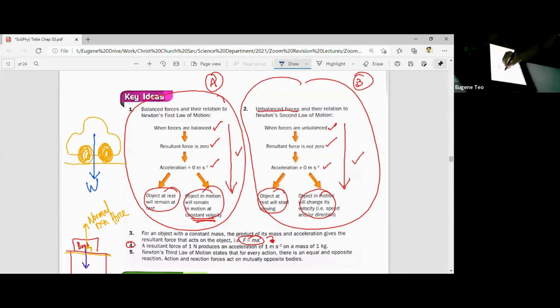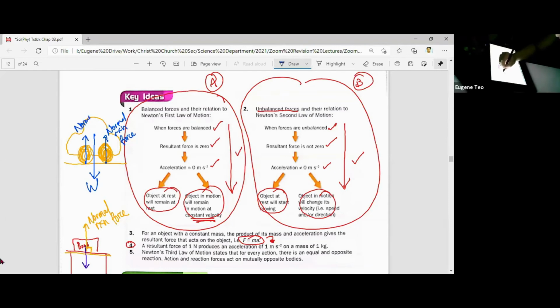And because of the weight, the car exerts a force on the ground. So because the car exerts a force on the ground, by applying Newton's third law, there must be a force acting from the ground on the car. Now the question is, where is the ground in contact with the car? It's actually at this point here and this point here. So at these 2 points, there's an upward force.